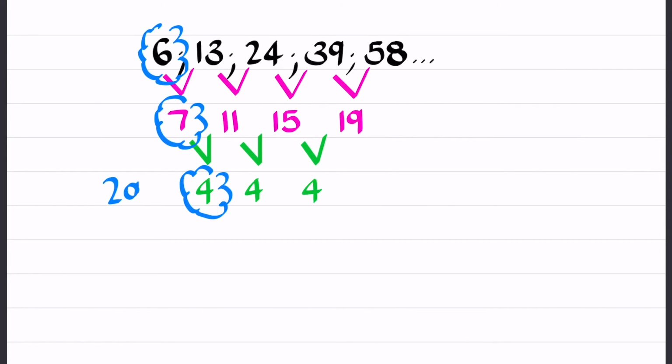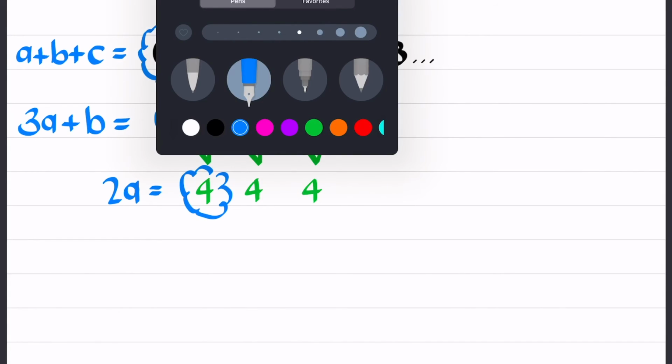So I have 2a equal to the first term of the second difference, 3a plus b equal to the first term of the first difference, and a plus b plus c equal to the first term in the sequence.